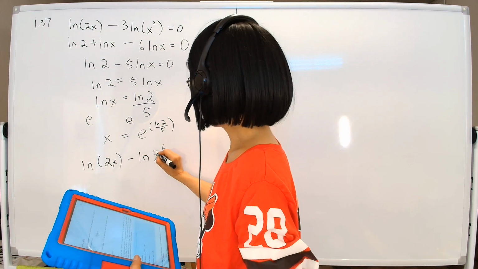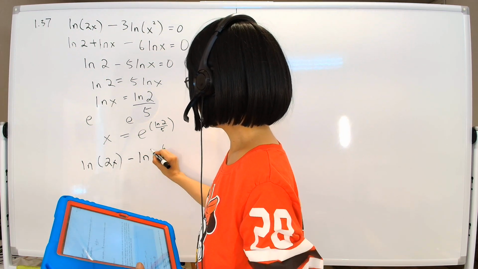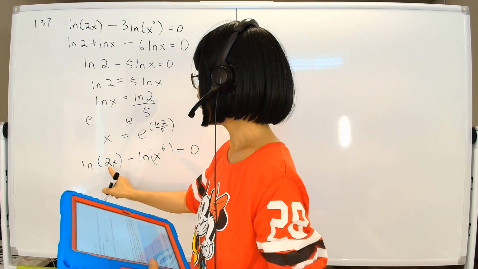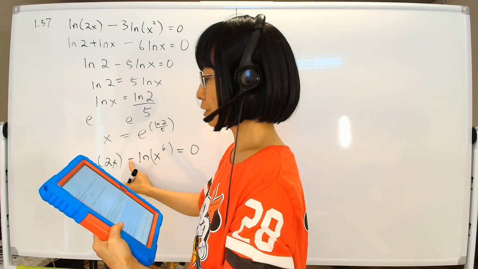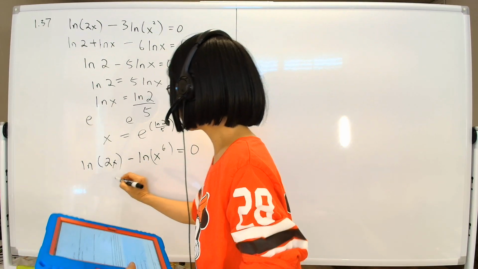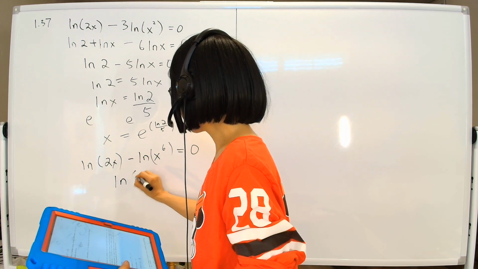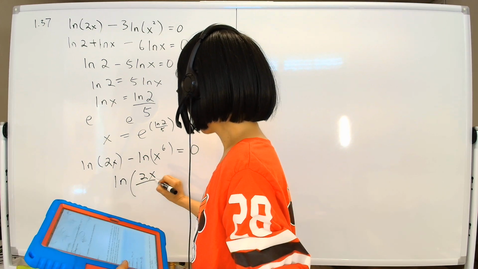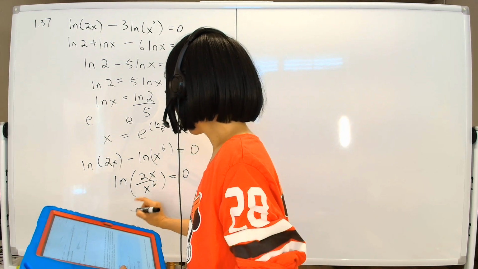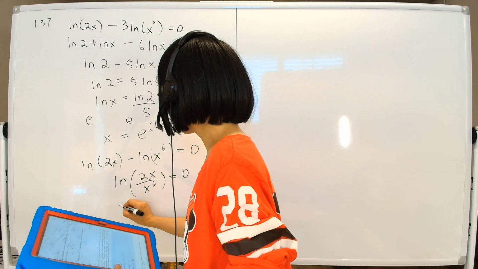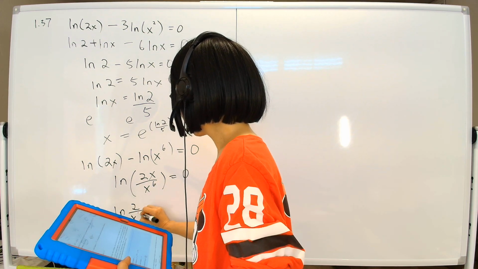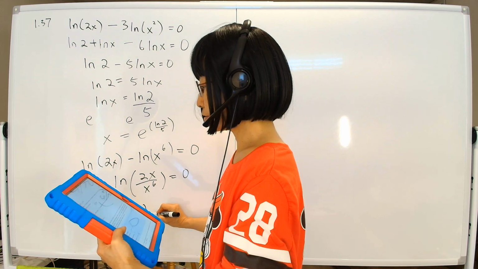And this equals 0, and then you use the subtraction-division principle. You combine these things, subtraction becomes division: 2x divided by x to the power 6 equal to 0. So this becomes natural log of 2 over x to the power 6, and that equals 0.